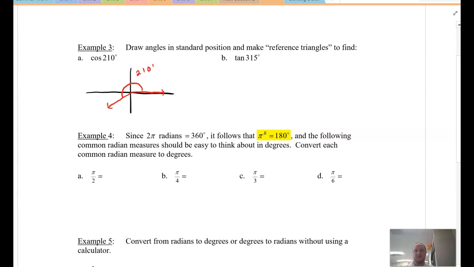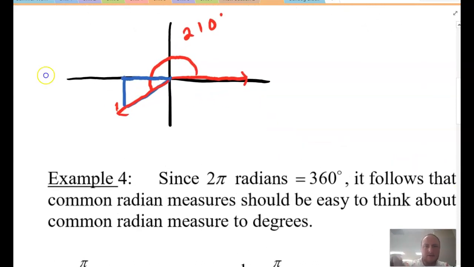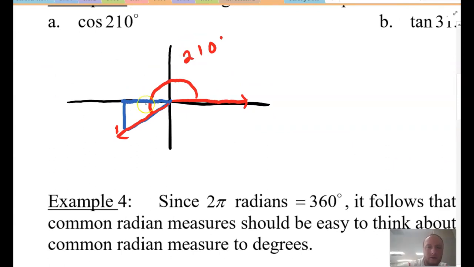If we want to make a reference angle, our reference triangle, that is going to be here. So here's our reference triangle, and I'm going to zoom in. This would be 30 degrees, this would be 60 degrees, and here's our right angle. I need to place the values.